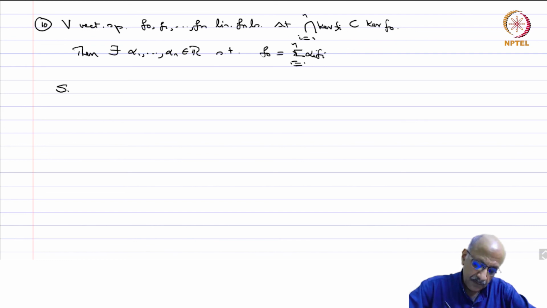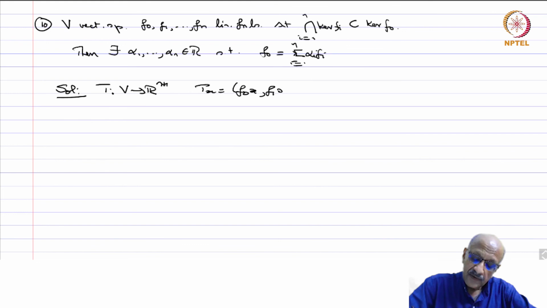So solution, you define T from V to R^(n+1). So T of x is F0 x, F1 x, ..., Fn x. So T is linear.